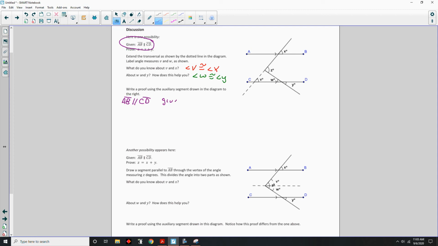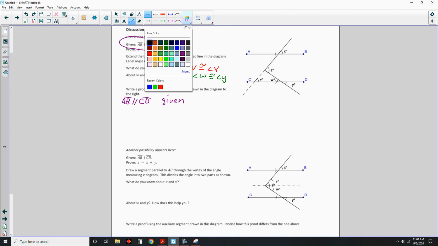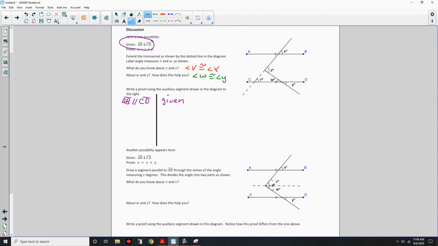Given. I just like to make this as neat as possible, even though my handwriting with this pen is not very good. Alright, so anywho. AB is parallel to CD, given. Great. Now what?